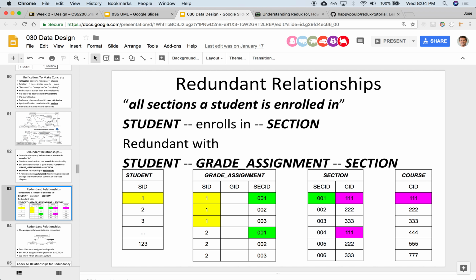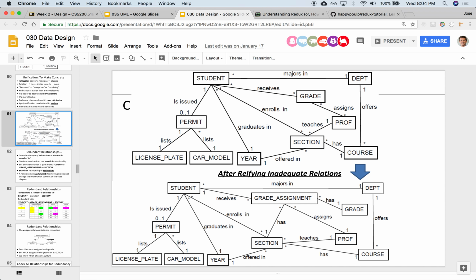Because you have two ways of going, either student enrolls section or student grade assignment section, you can go from student enrolls in section, or you can go student grade assignment section.